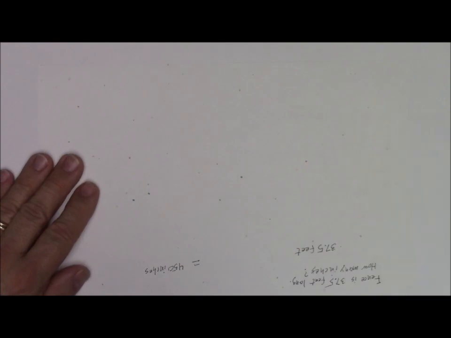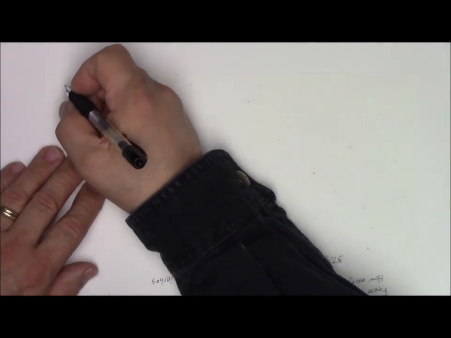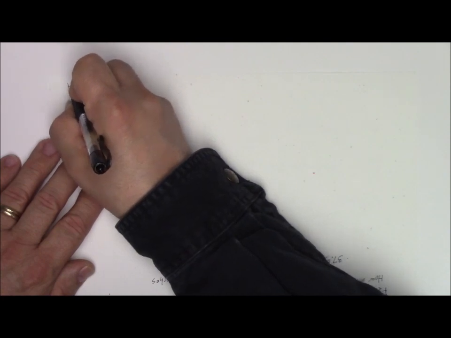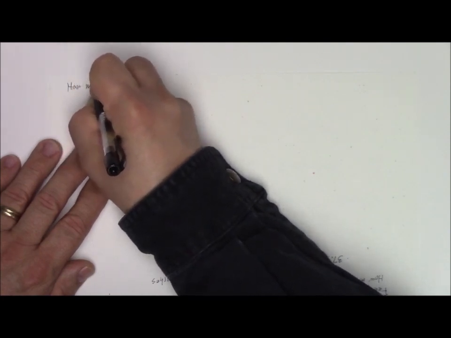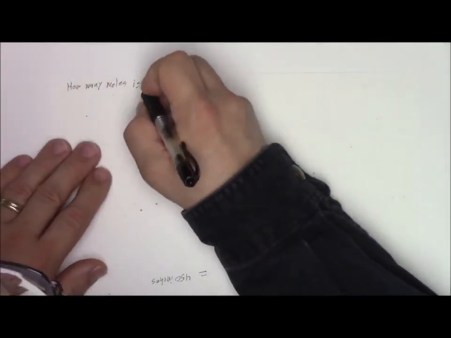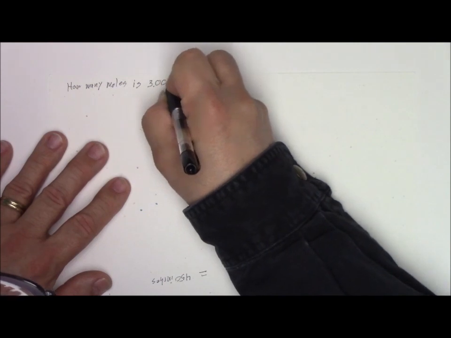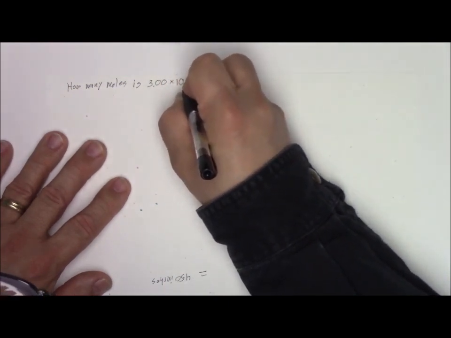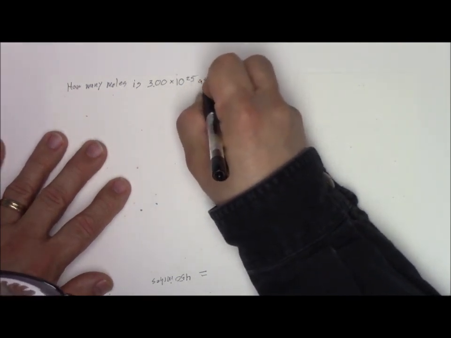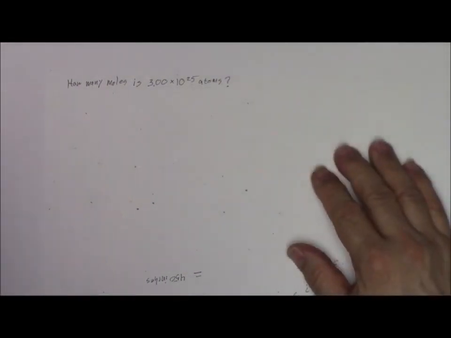But let's say what if we had a chemistry problem, like suppose we are told we have, I don't know, let's pick a good number, 3.00 times 10 to the 25th atoms. How many moles is 3.00 times 10 to the 25th atoms?